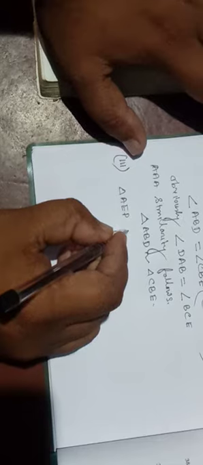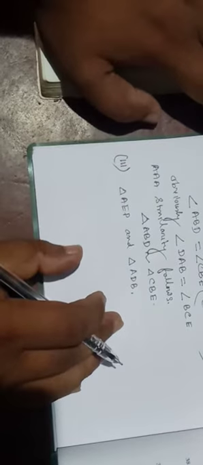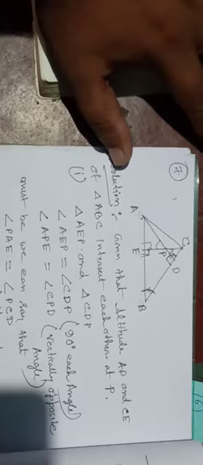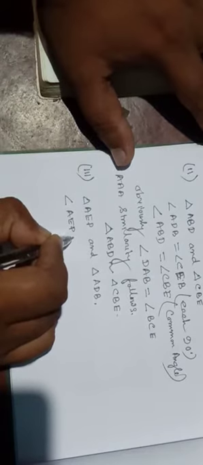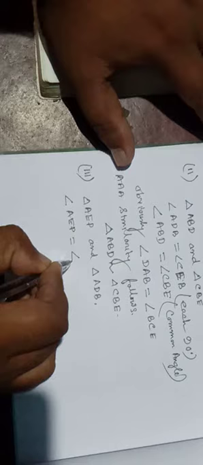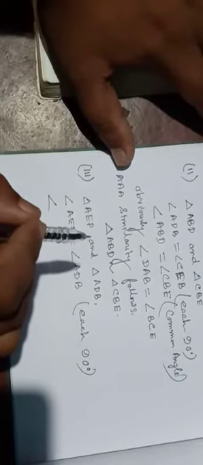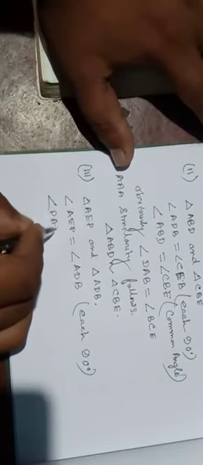What is given in the third one? Triangle AEP and triangle ADB, this triangle AEP and this triangle ADB. Obviously angle AEP is equal to angle ADB, each 90 degrees.